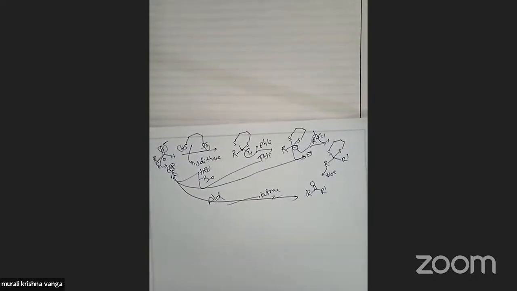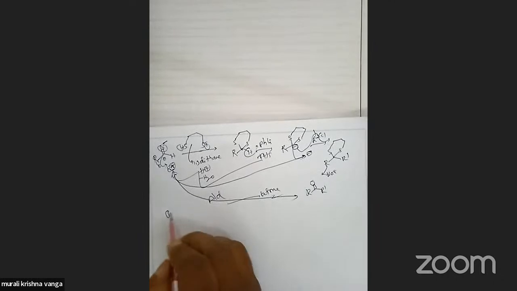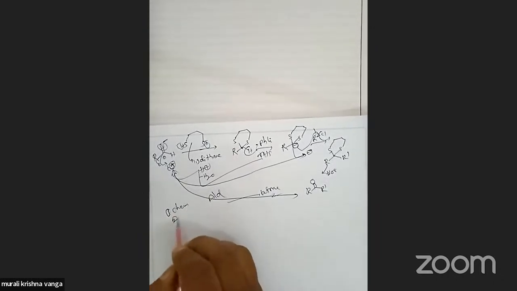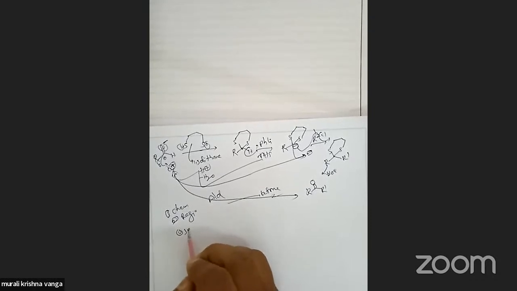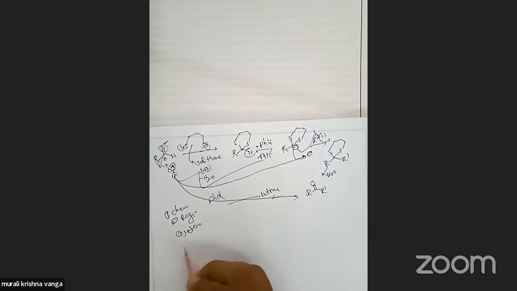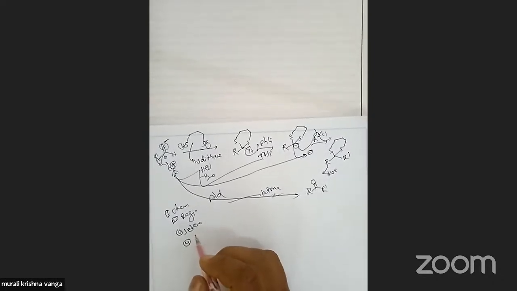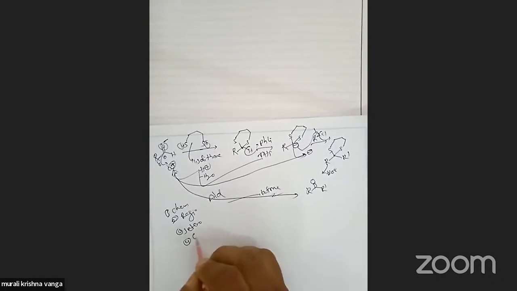Whatever we discussed today: one is chemoselectivity, regioselectivity, stereoselectivity. Fourth one is cyclization.